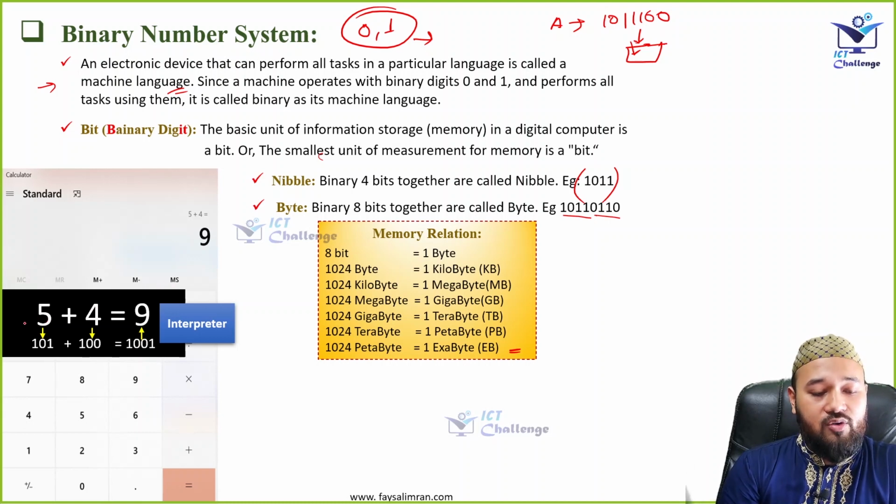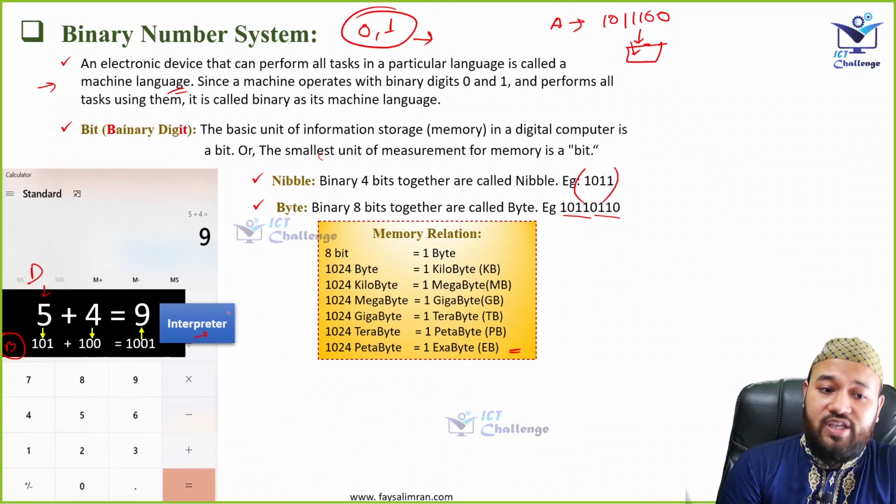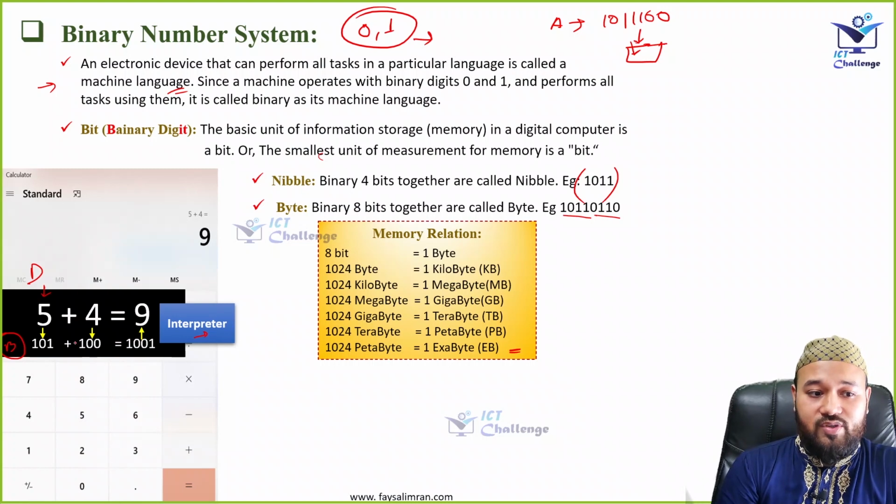When we input 5 in a digital device, it is in decimal language, and the device only understands binary language. When we input 5, it converts to their number, 101. Here is the interpreter who can translate our language to their language, that means to binary language.